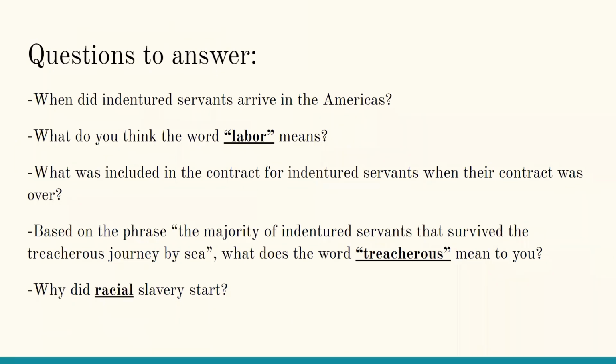Based on the phrase, the majority of indentured servants that survived the treacherous journey by sea, what does the word treacherous mean to you? And lastly, why did racial slavery start? So these are all questions that I want you to be thinking about. You can go back and look at the video, pause at different sections, read the text yourself. But I want you to answer these questions to get a better sense of what indentured servitude is.